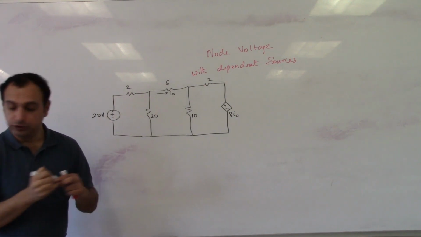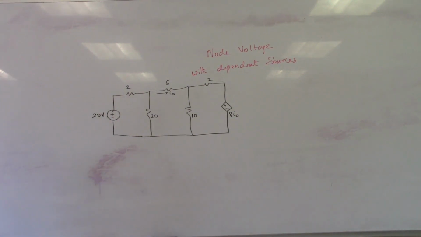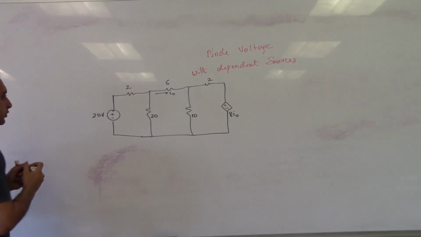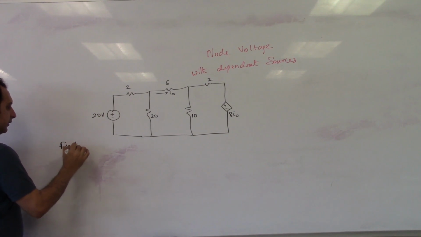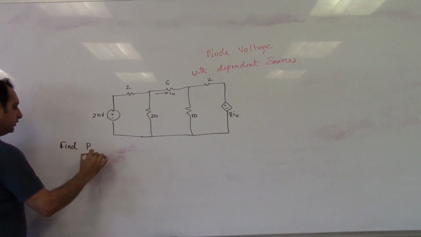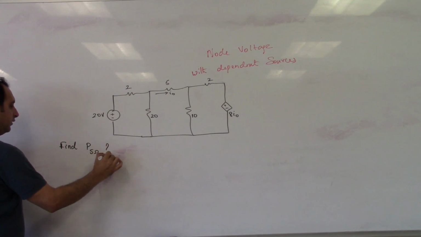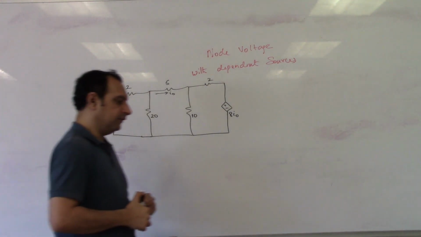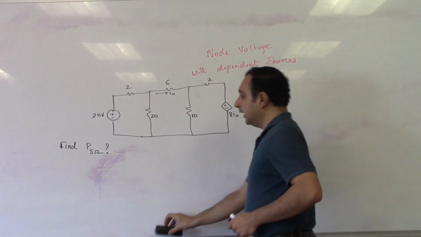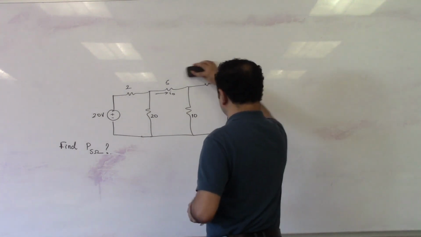Okay, so what are we asked to find? Find the power dissipated in the 5 ohm resistor. So we need to find the power of the 5 ohm resistor. We know how to do power, V times I, or I squared R. However you like to find that out, it's perfectly fine.